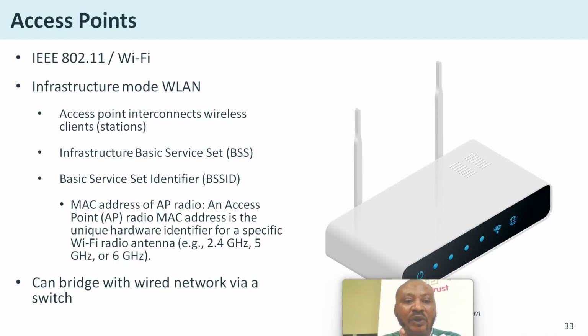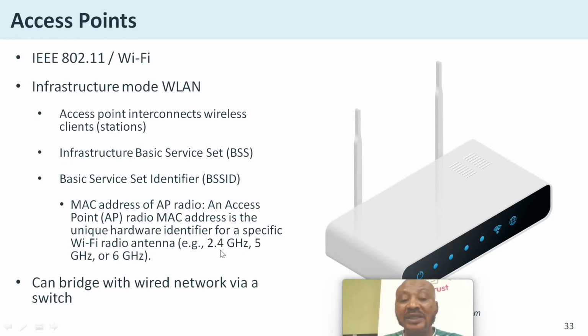Then you also have what is called the MAC address of the AP, the access point radio. I told you earlier that every access point must have a MAC address. The MAC address is different from what we call frequency. The access point radio address is the unique address for a specific Wi-Fi radio antenna.